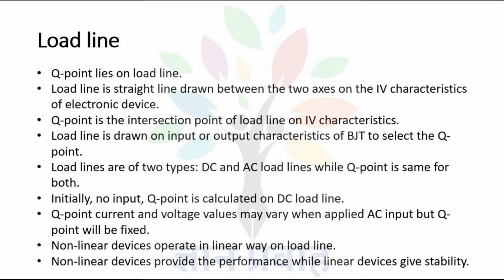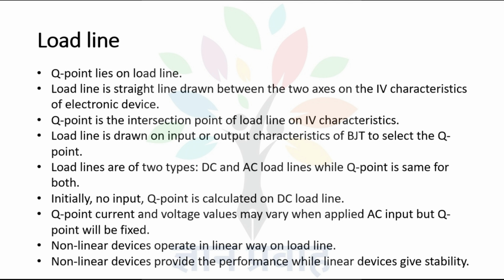Load line. So Q point is always present on the load line, and the load line is simply a straight line drawn between the two axes. Whenever the load line intersects the characteristics of any electronic device at a point, we get maximum profit from this device, and this point is the Q point or operating point.